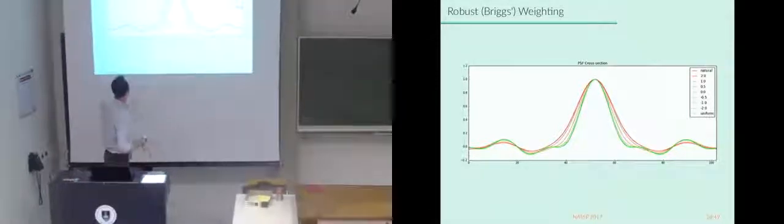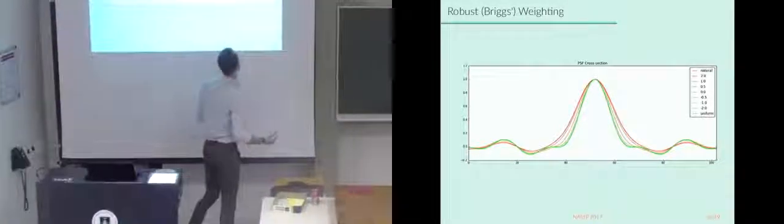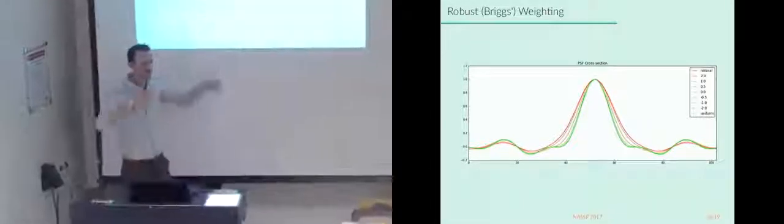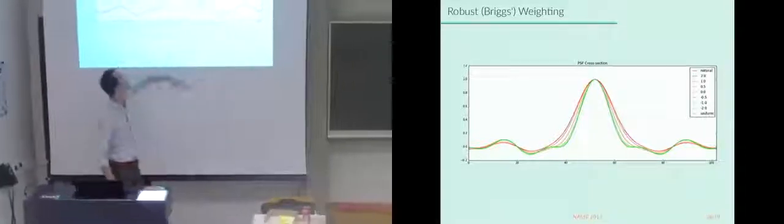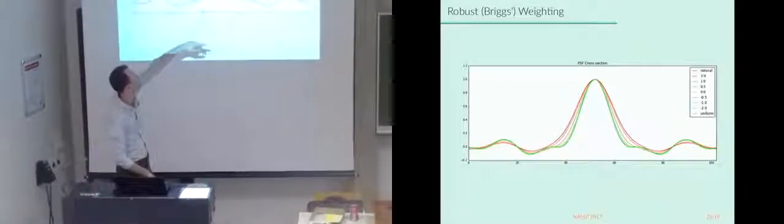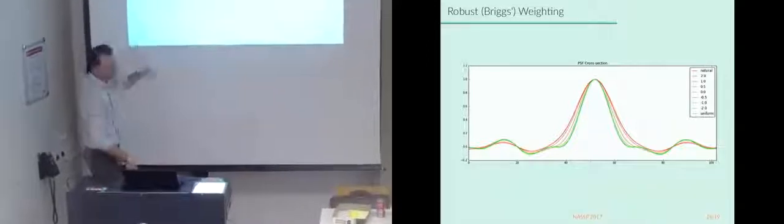So the first negative side lobes are low, and then this bump, your first side lobe of the PSF, is also low, so it's a nice taper, whereas the uniform is quite wobbly. But you can imagine adjusting the ratio between them, and these values here are the parameter of the robust weighting, which you can vary accordingly.